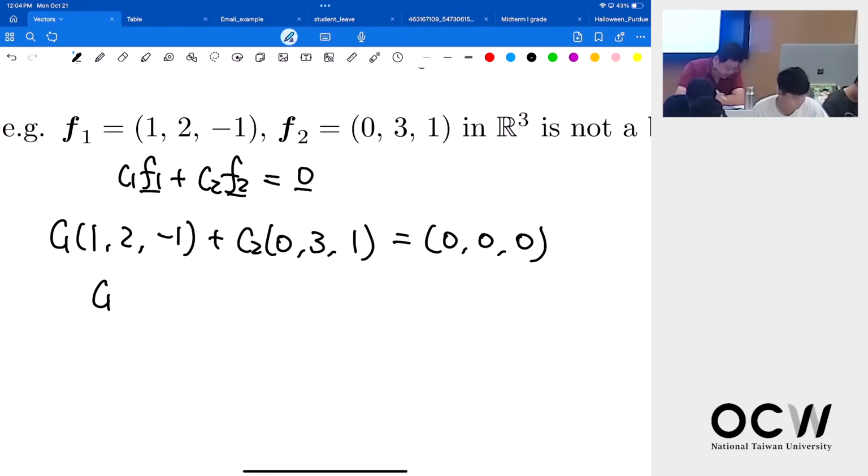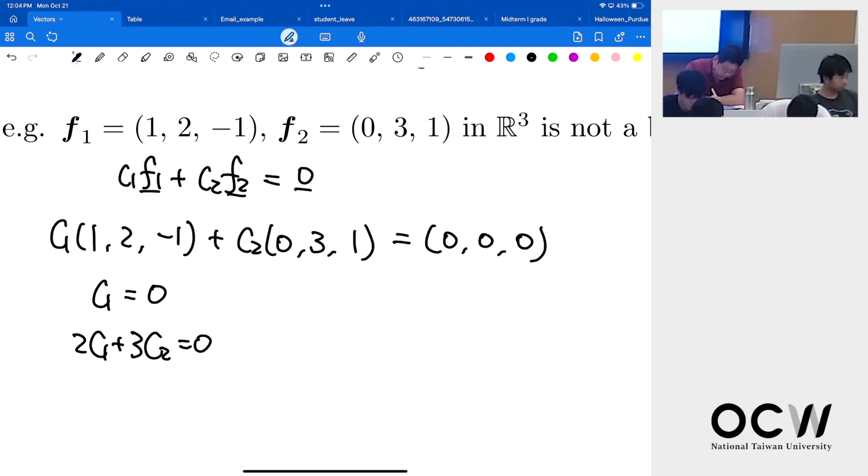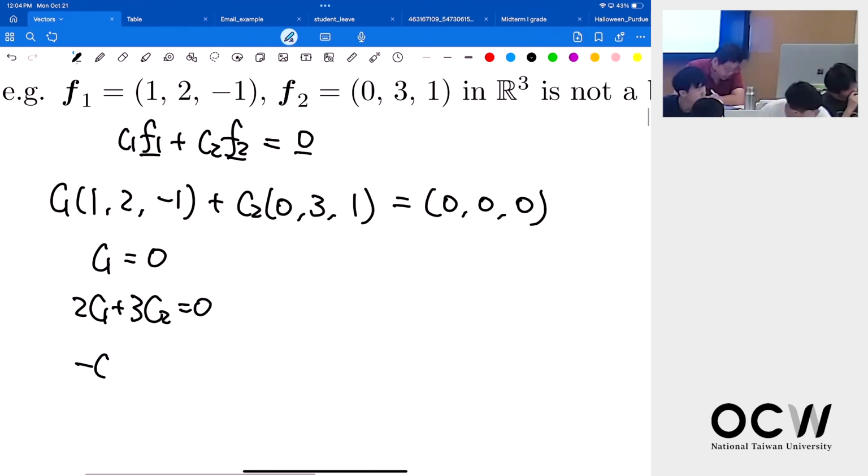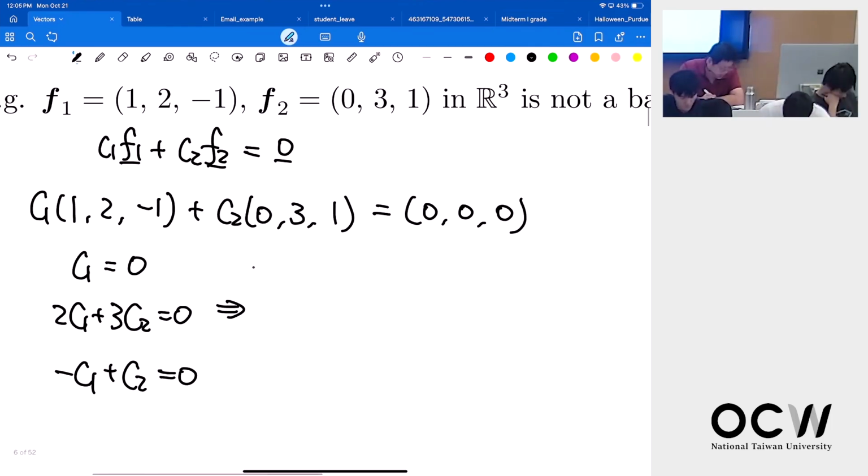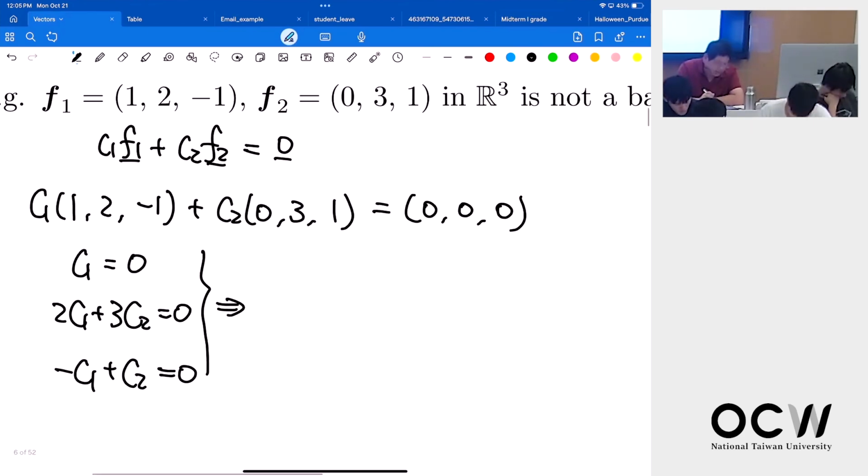So c1 is 0, and 2c1 plus 3c2 is 0, minus c1 plus c2 equals 0. And for these 3 simultaneous equations, c1 and c2 should be 0.